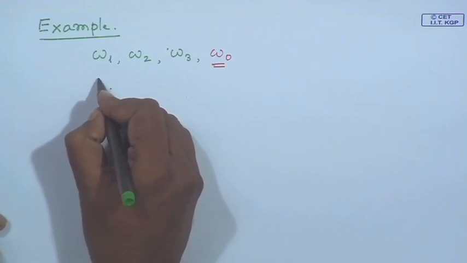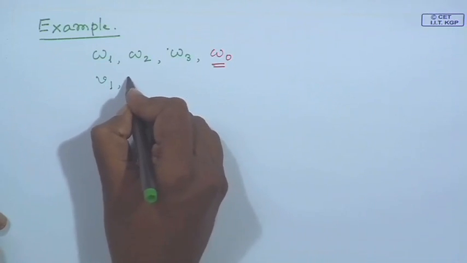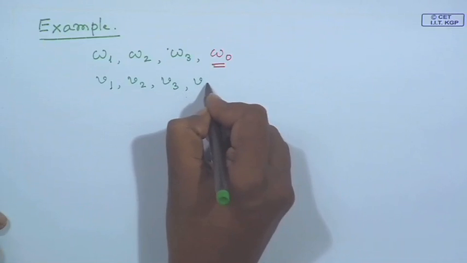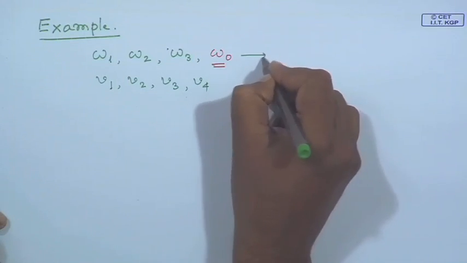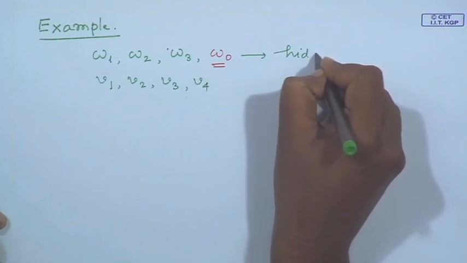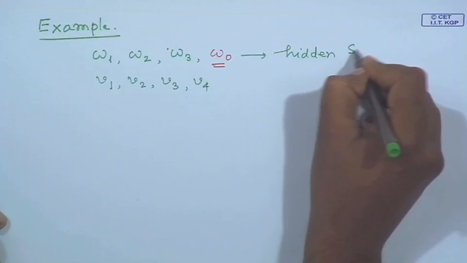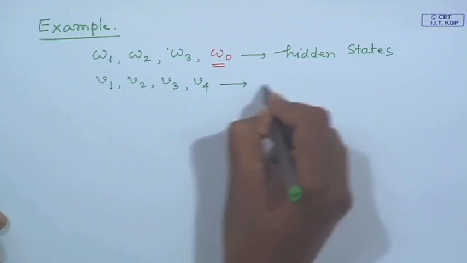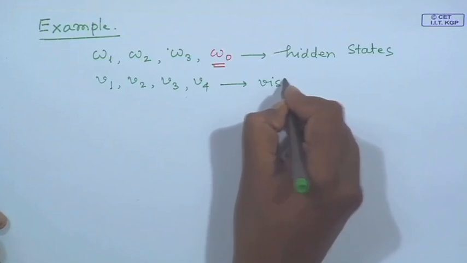For that, let me assume that there are 4 different visible symbols, which are V1, V2, V3 and V4. So, these are the hidden states and these are the visible states.